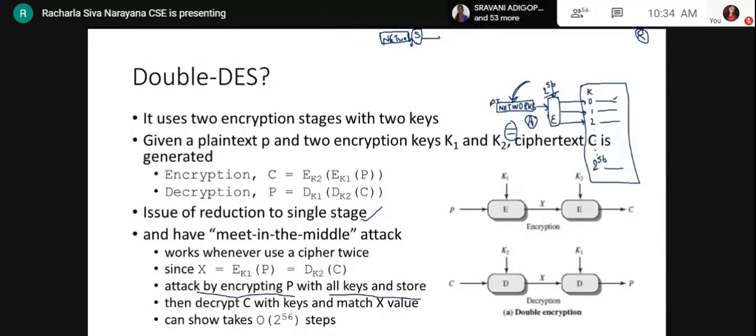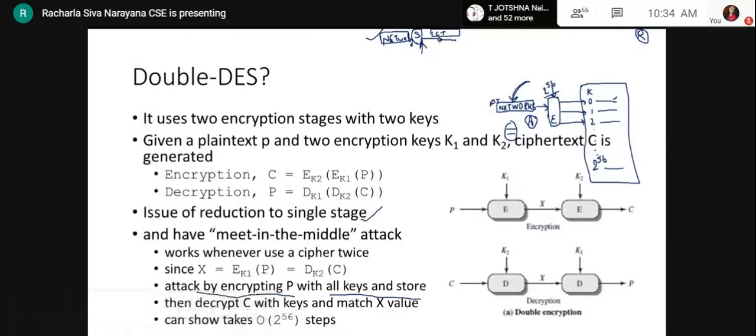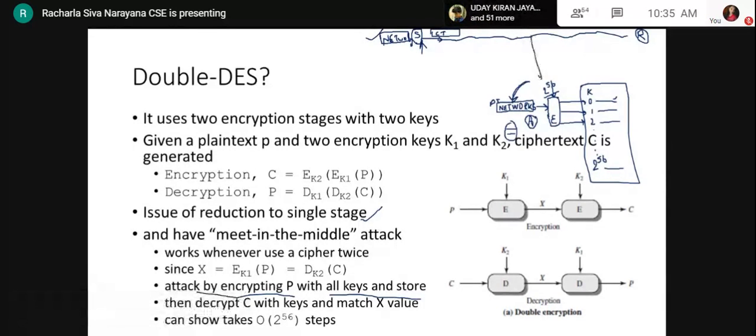The sender system then generates one ciphertext. This is the plain text, and after performing double DES here, it generates ciphertext. This ciphertext is transferred through the network, and the attacker receives this ciphertext.